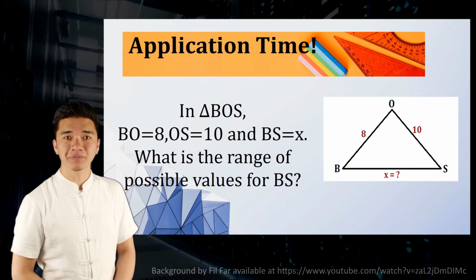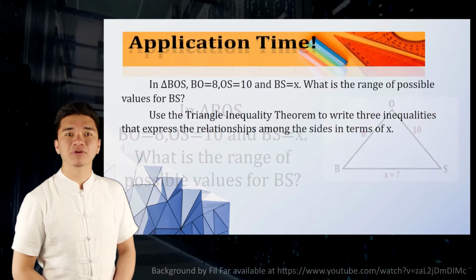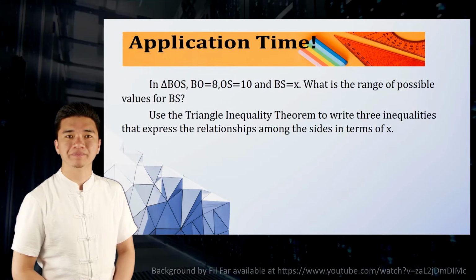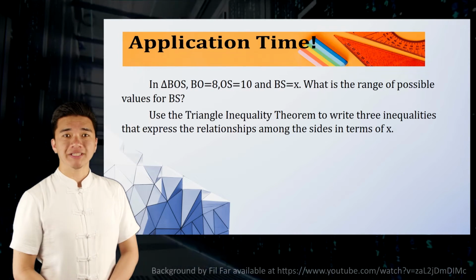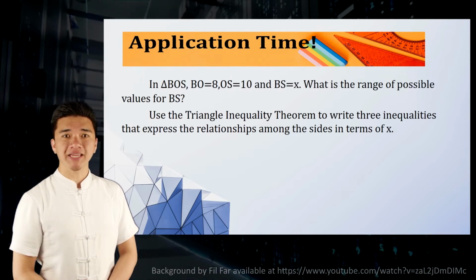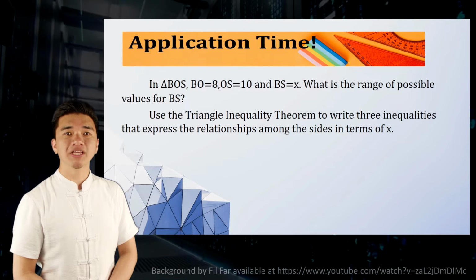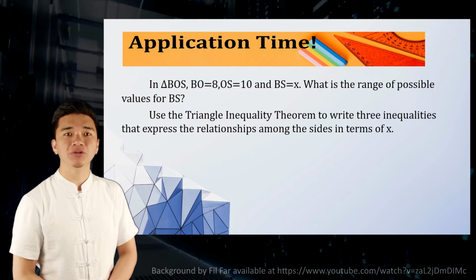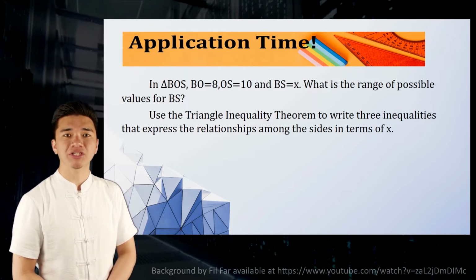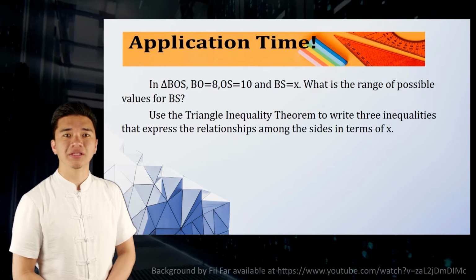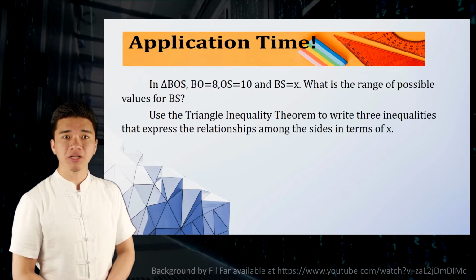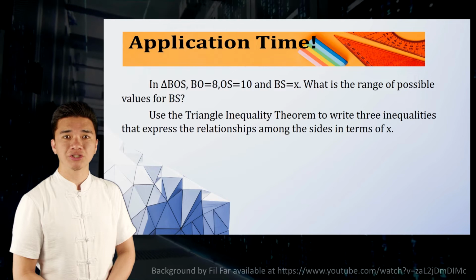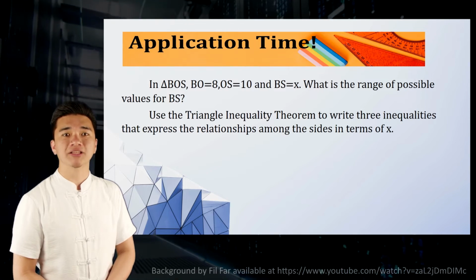To solve this problem, let's apply the concept of triangle inequality theorem. Since no third side is greater than the sum of the remaining sides, we can get the range by substituting to the equations provided in the definition of triangle inequality theorem to write three inequalities that express the relationships among the sides in terms of x.